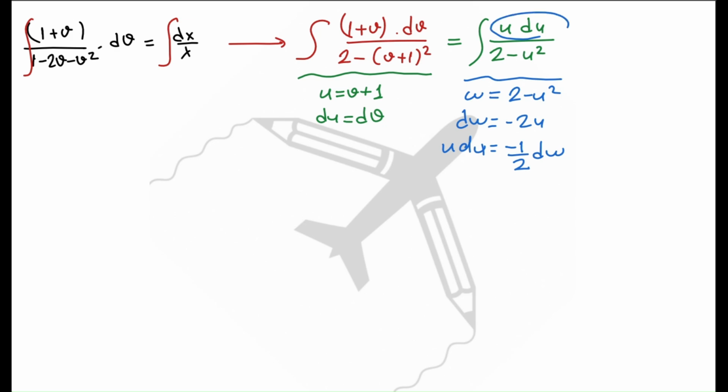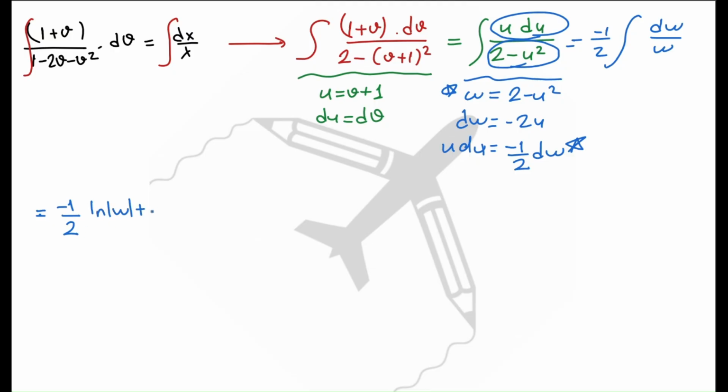So let's write it in here with omega: minus 1 over 2 times the integration of d omega over omega. So lastly we will have minus 1 over 2 ln omega plus c.